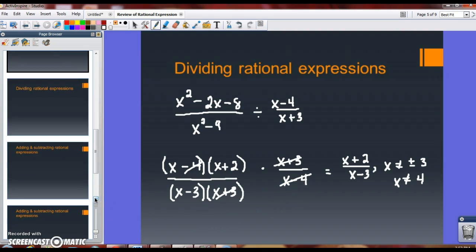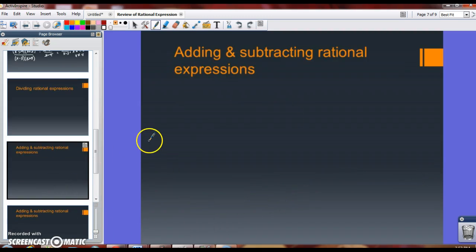Okay, let's talk about adding and subtracting rational expressions. This goes way back to when you first did adding and subtracting with fractions, right? We need to make sure that we always have a common denominator. Same works with the rational expressions as did when you just were dealing with regular fractions.